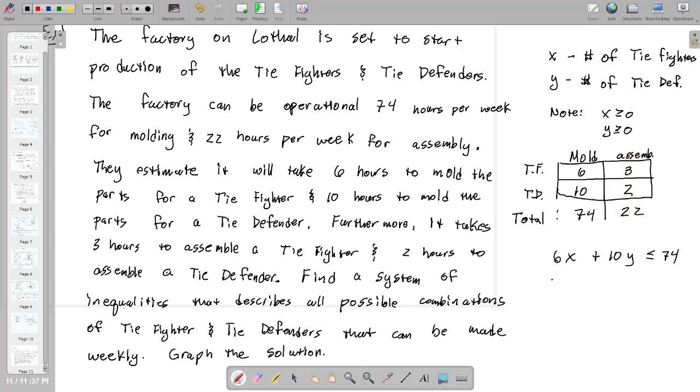We have 3x because it takes 3 hours to assemble a TIE Fighter, plus 2y because it takes 2 hours to assemble a TIE Defender, and that has to be less than or equal to 22. Because again, we can use less than 22 hours, but we cannot use more than 22 hours. So this is our system of inequalities, including these two as well.